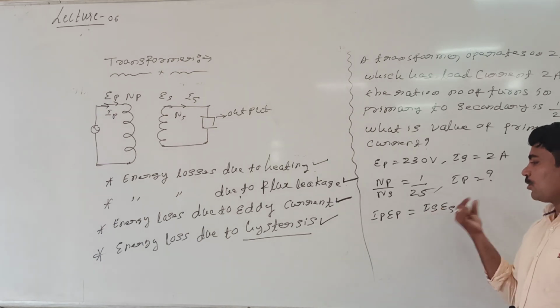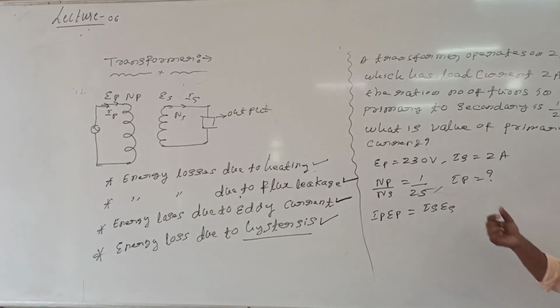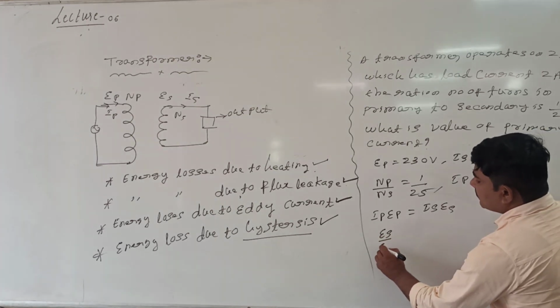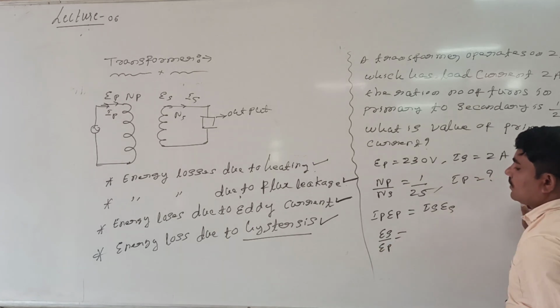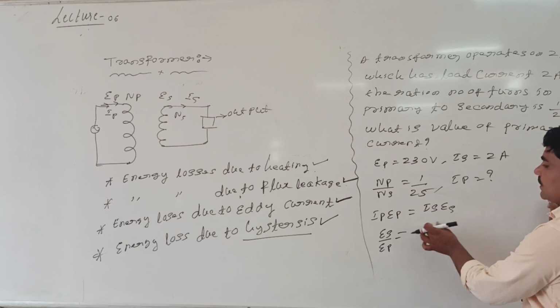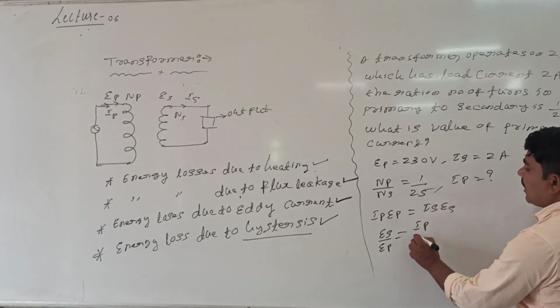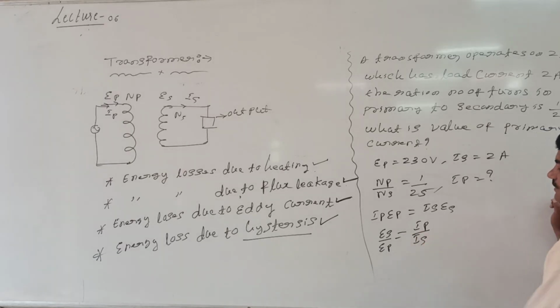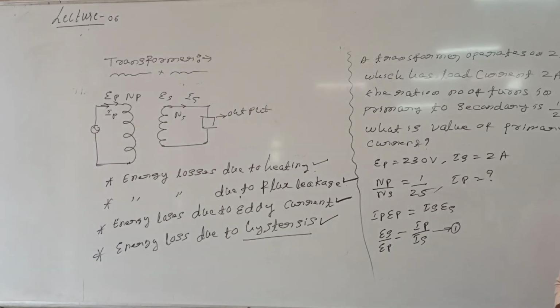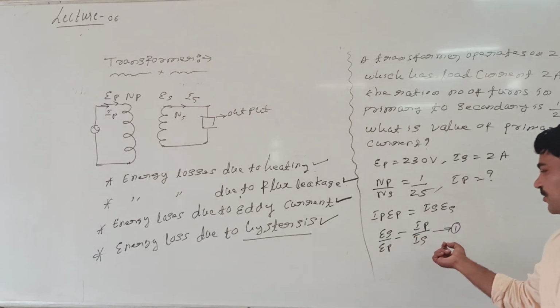Input power is equal to output power. Or else, ES divided by EP is equal to IP divided by IS. Let us call this equation number 1.